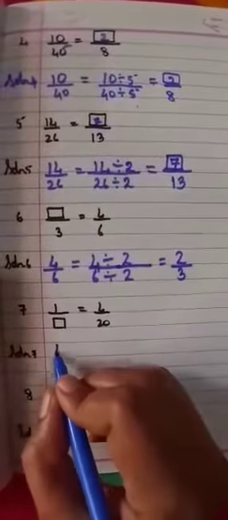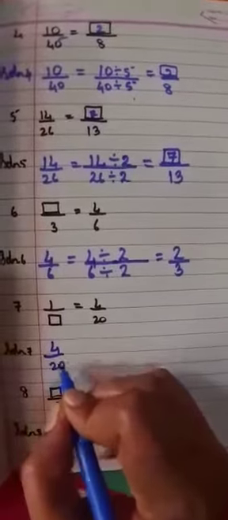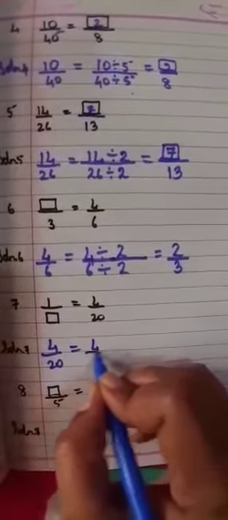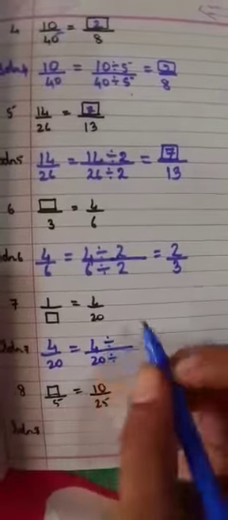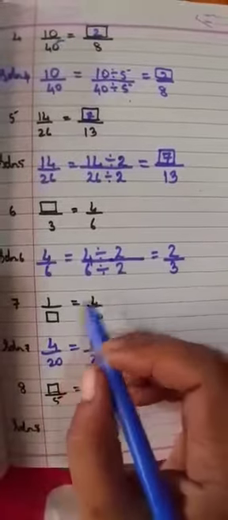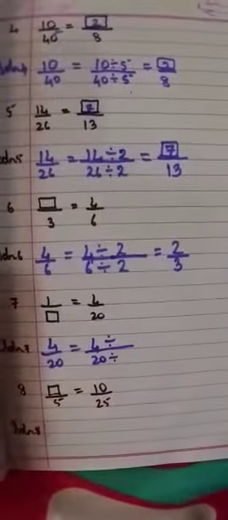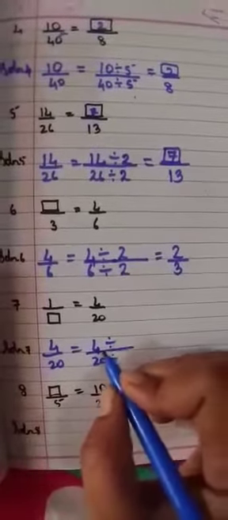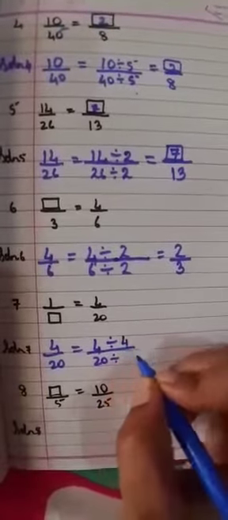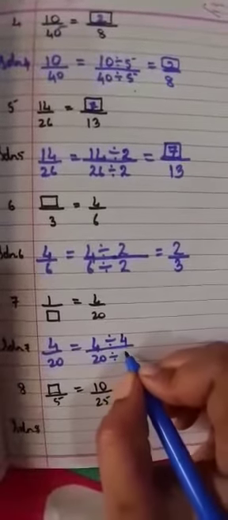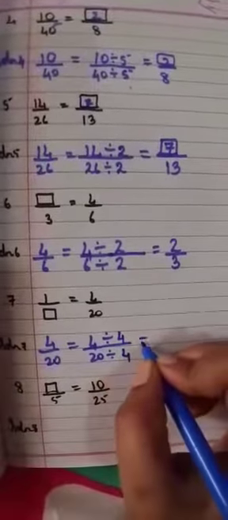Here 4 upon 20. So 4 upon 20, divide by. We have to divide 4 by such a number that we get the answer 1. So here 4 divided by 4, obviously we get the answer 1. So if we're dividing here by 4, we have to divide here by also 4.